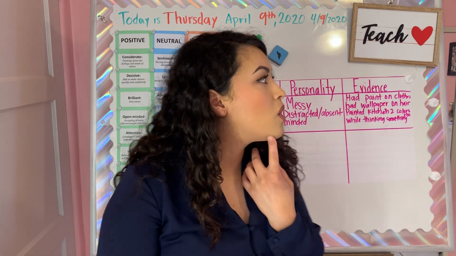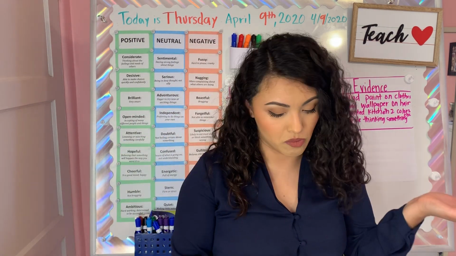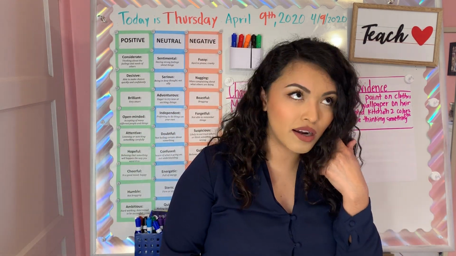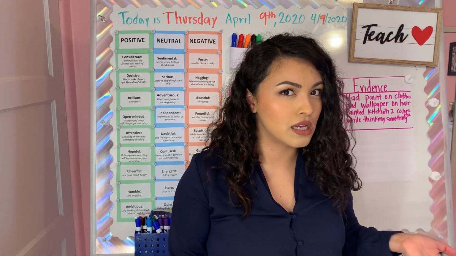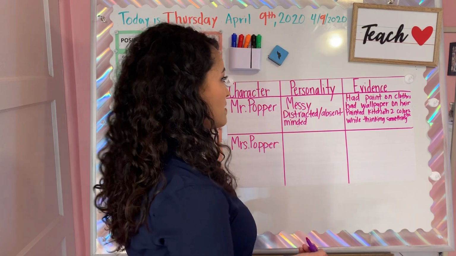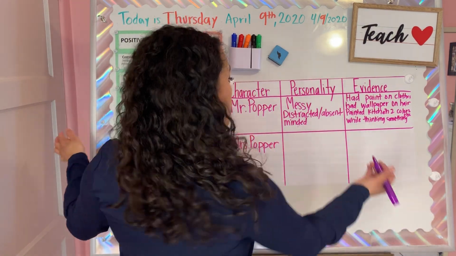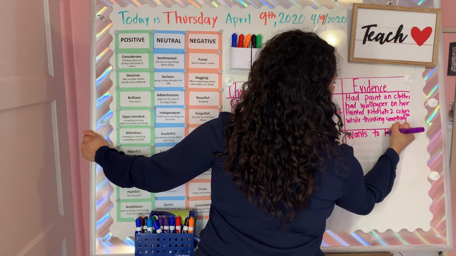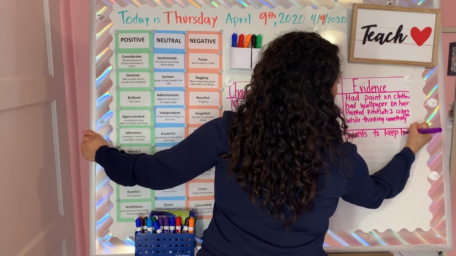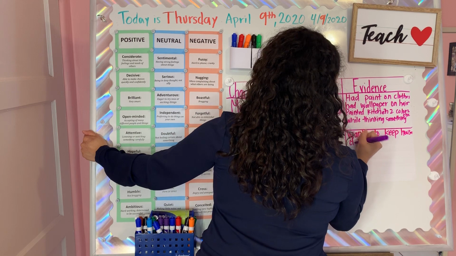So she was worrying about Mr. Popper and how hard it is to keep the house clean. So if she wants to keep the house clean, what is she like? I'm going to write that down for my evidence. Wants to keep house clean.